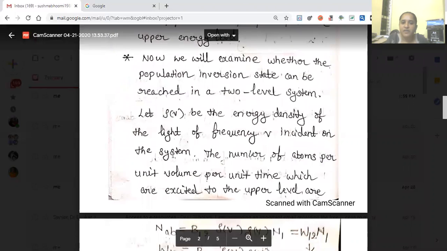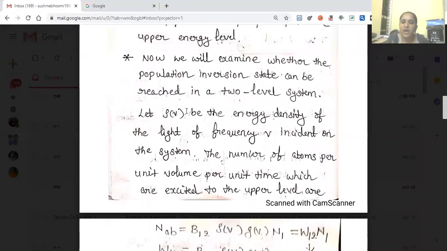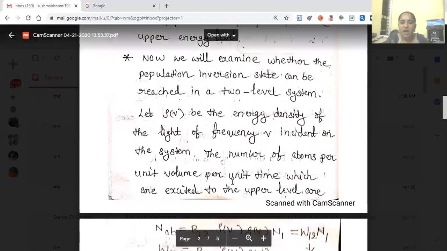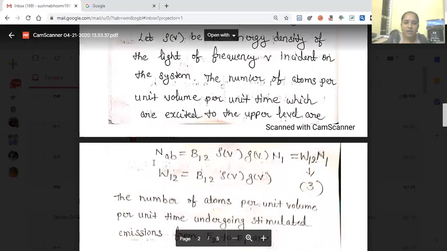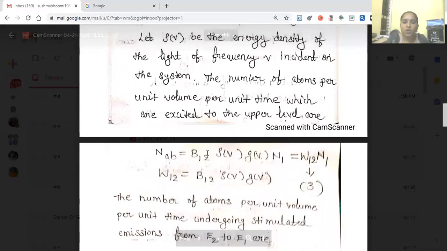Now we are supplying the energy rho nu to the system. The atoms which are absorbed, that is the absorption rate, equals B12 rho nu g(nu) N1. B12 is the constant of proportionality we studied in Einstein coefficients.